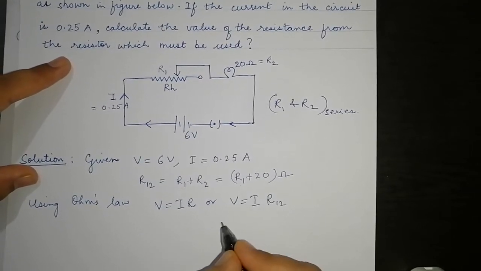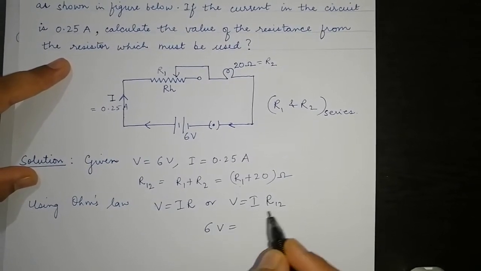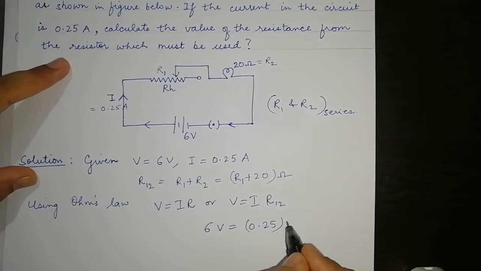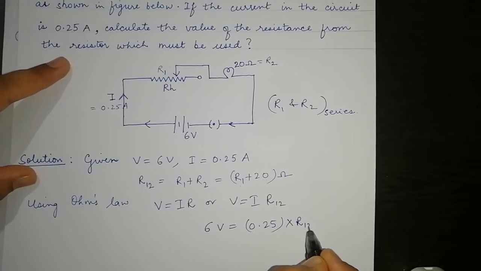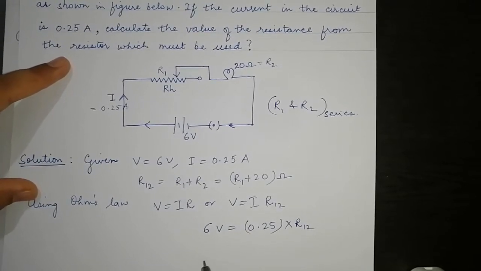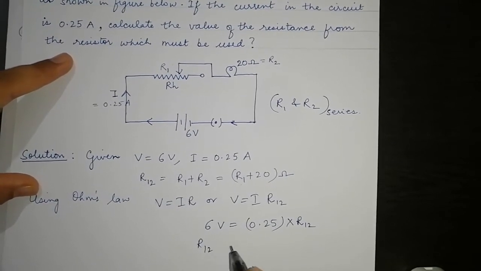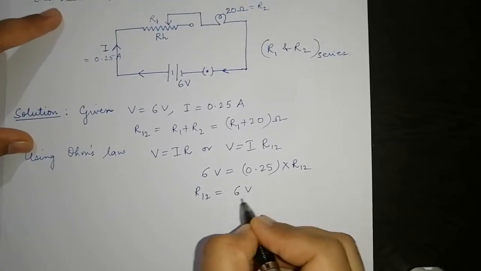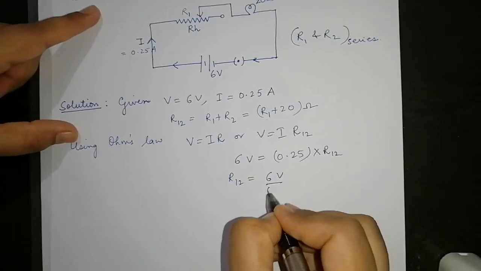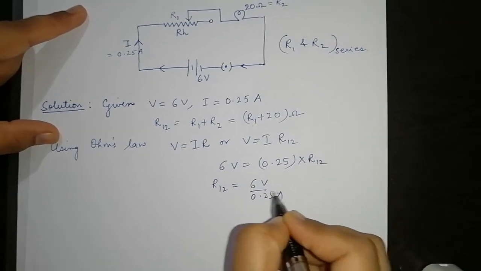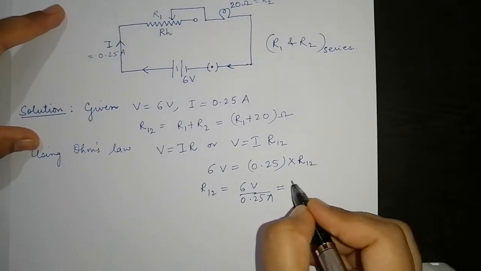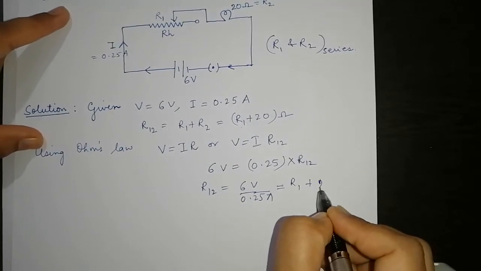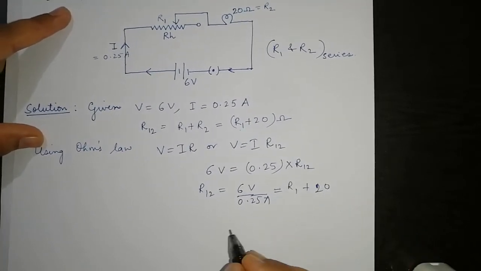So V is 6 volt, I is 0.25 ampere, and R12 we'll write here as it is. So R12 will be 6 volt divided by 0.25 ampere, and this is nothing but R1 plus 20 ohm, right?